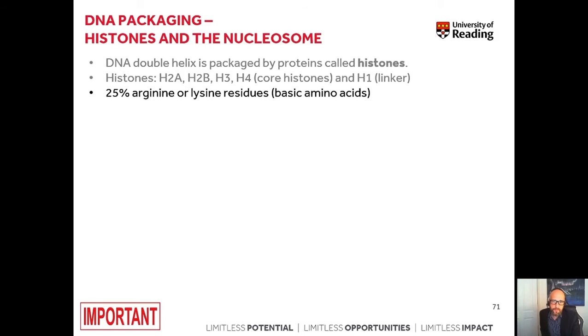Those histones consist of 25% arginine or lysine residues, and those are both basic amino acids. And this is quite important because the charge of those amino acids allows them to bind to the DNA, which has a different charge.